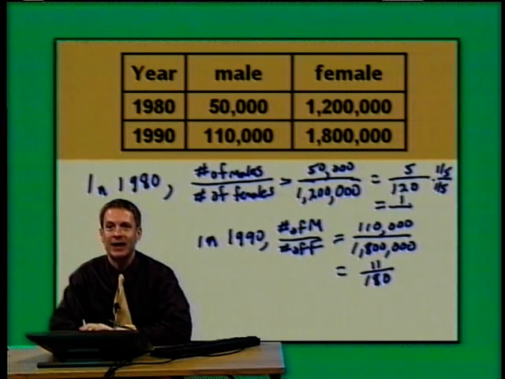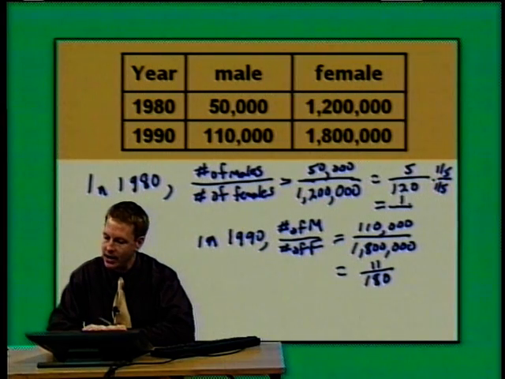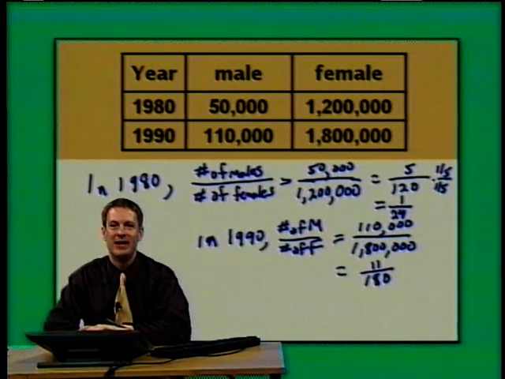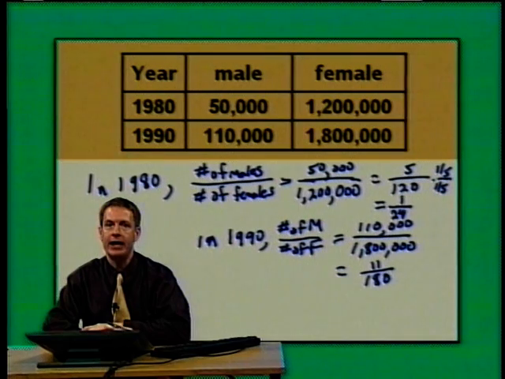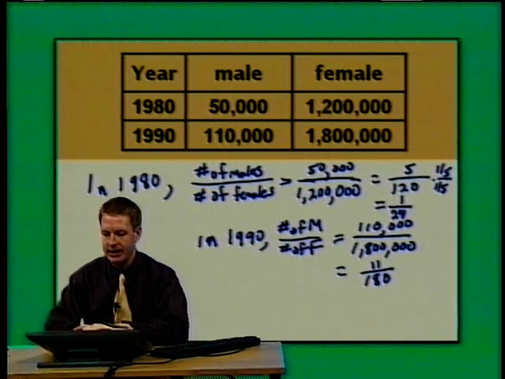That's a good thing. That was kind of the whole point. In the denominator, I have 120 times a fifth, which is equivalent to 120 divided by 5. So let's see, 5 goes into 120. If my arithmetic part of my brain's working today, that would be 24. So what this ratio tells me is that in 1980, for every one male nurse in the United States, there were 24 female nurses.